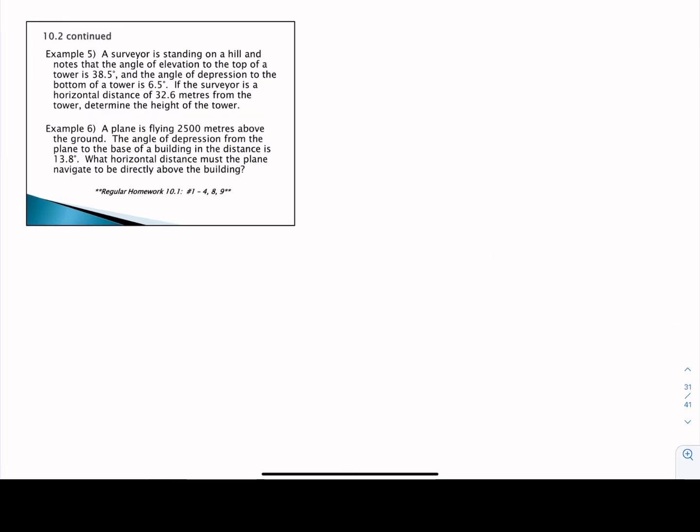Our next application might be a little more involved, so take your time when you draw out these kinds of pictures. So in example 5, it says a surveyor is standing on a hill. So in my mind, I'm going to draw the little hill with a person at the very top of that hill. Aside from that, we're saying that the surveyor notices that there's an angle of elevation to the top of a tower.